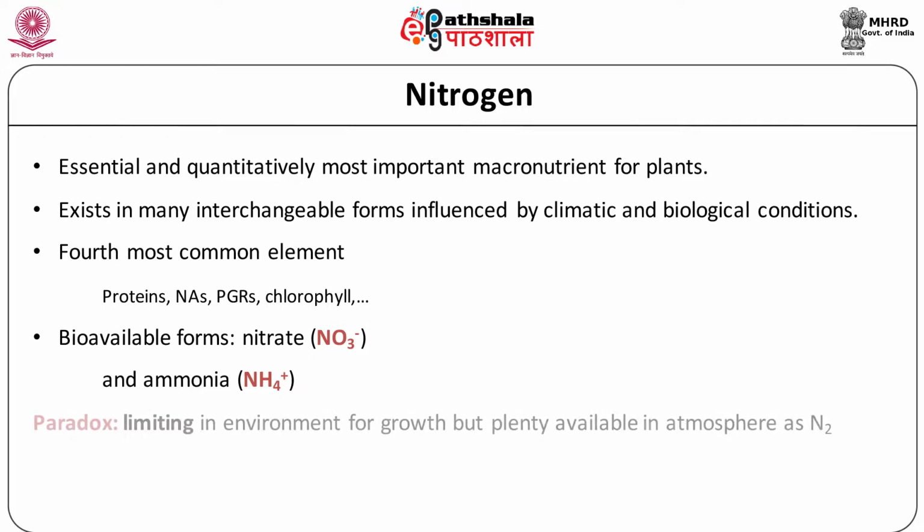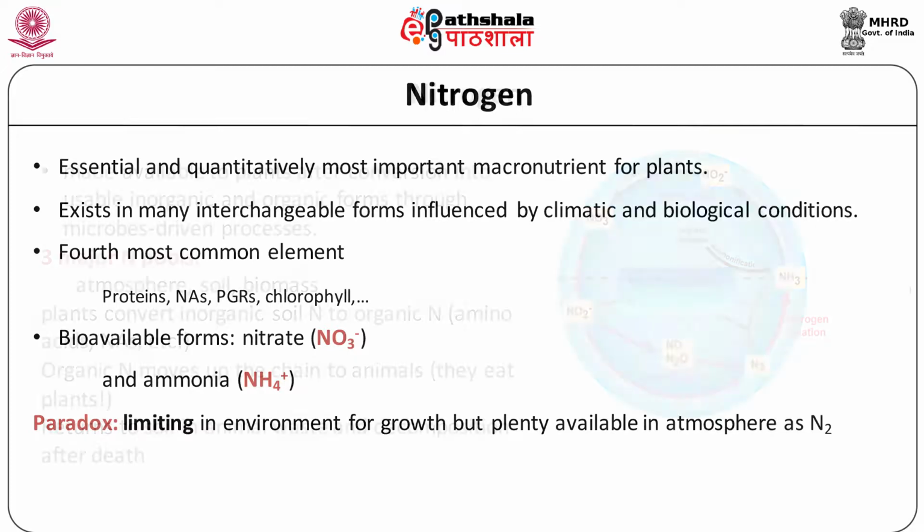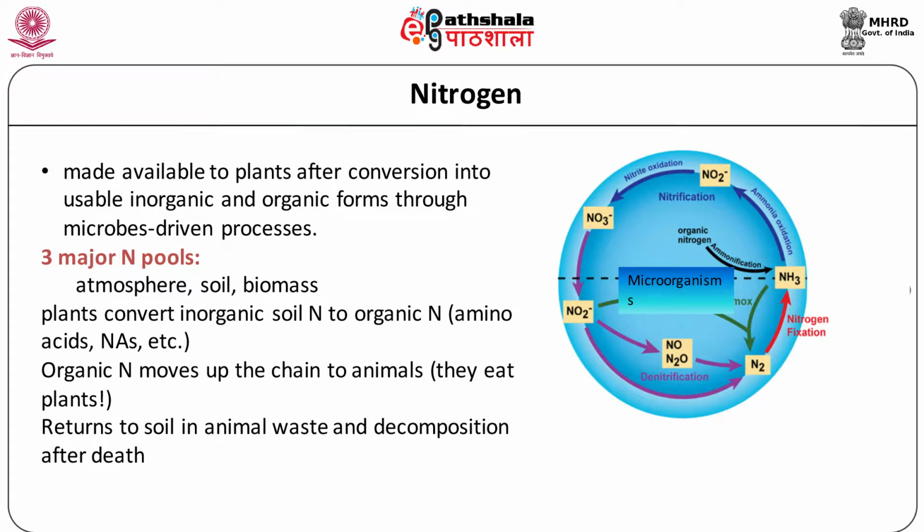Although nitrogen is plentiful in the atmosphere, it is limiting in the environment for the growth of plants. Nitrogen is made available to the plants after conversion into usable inorganic and organic forms through microbe-driven processes. The three major nitrogen pools are atmosphere, soil and biomass.